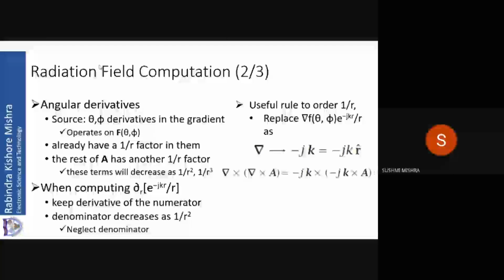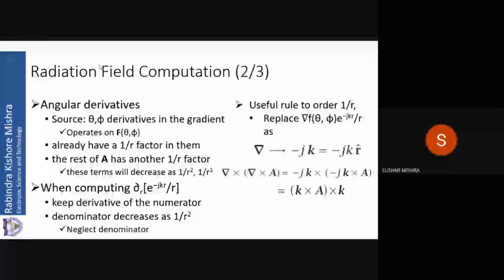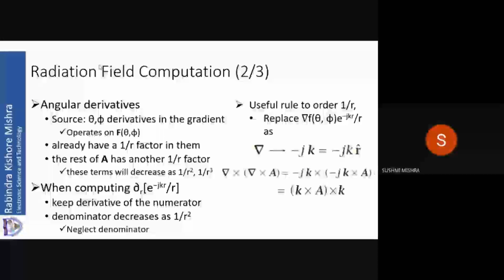Not for near field computation, not for any other computation. Only specifically in the computation of the radiation field. Now, if we do that, then curl of A is equal to minus jk cross minus jk cross A, right? So inside the bracket, let me interchange the cross products. I bring the bracketed term to the front and the front term to the inside.